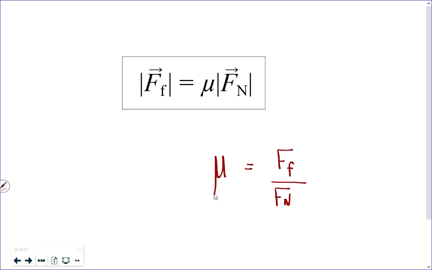So if the normal force is, say, 100 newtons, and you hook a spring scale to that object, and you start pulling on it and pulling on it, and then when it finally starts to move, it says 75 newtons, then the coefficient of friction is 0.75. The coefficient of friction is really the proportion of the normal force that gives you friction.